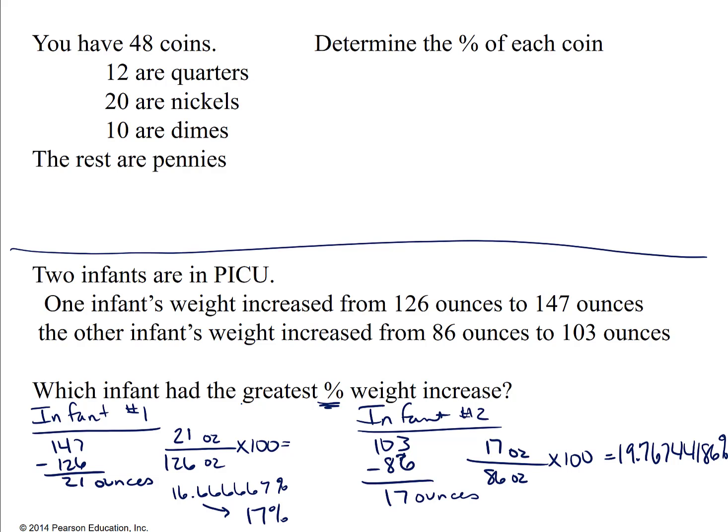Sorry, I ran off the board. What should my answer get rounded to? So I have 2 significant figures in 17, 2 significant figures in 86. So that means my answer has to have 2 significant figures. So this 7 will do what? Change it to a 20.